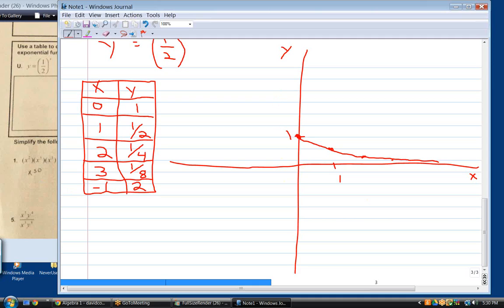Which is up here. So the whole curve looks just like that. And it would keep going like that if I extended it. In other words, if I drew a bunch of dots. So it's good to know that you can always graph anything by making a table and connecting the dots.